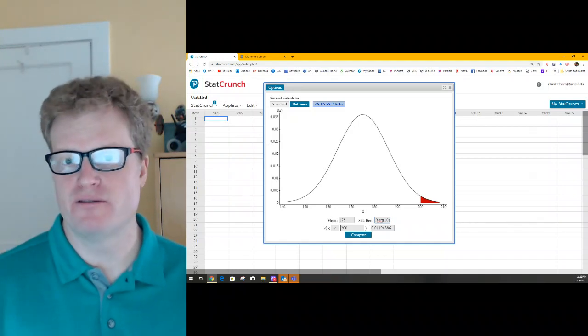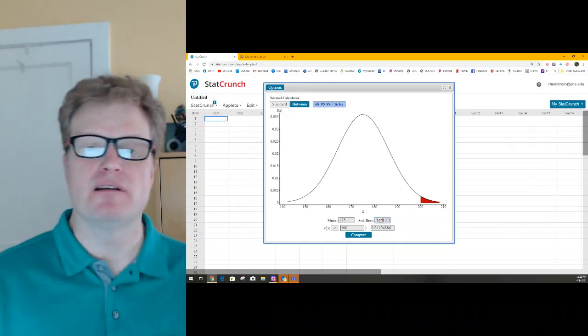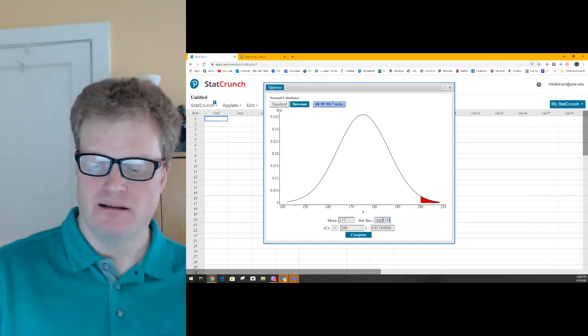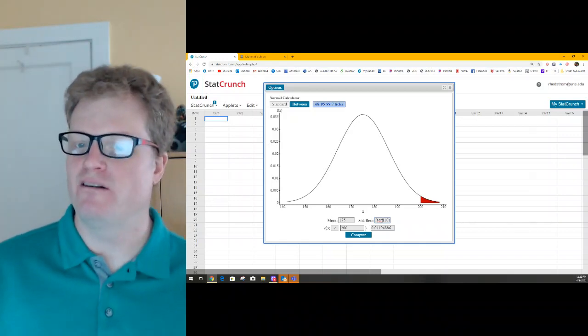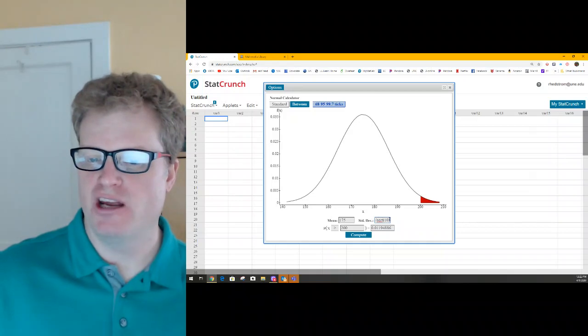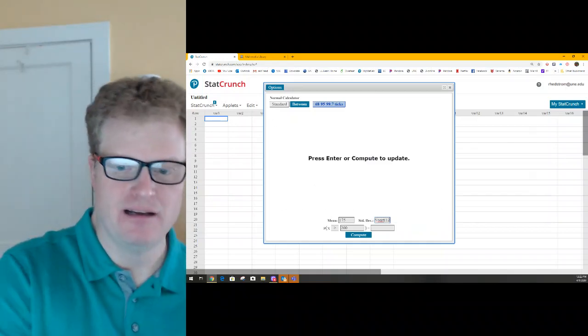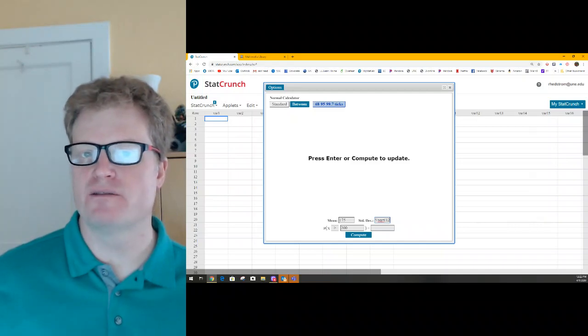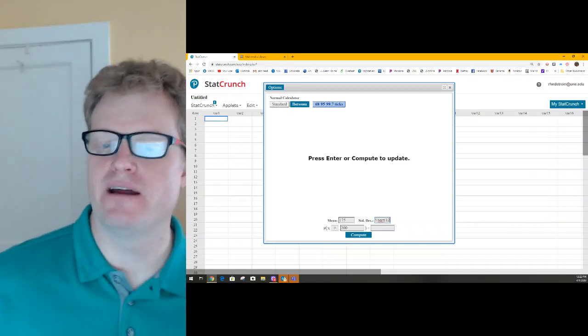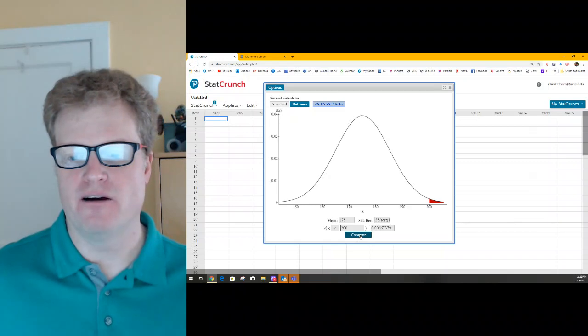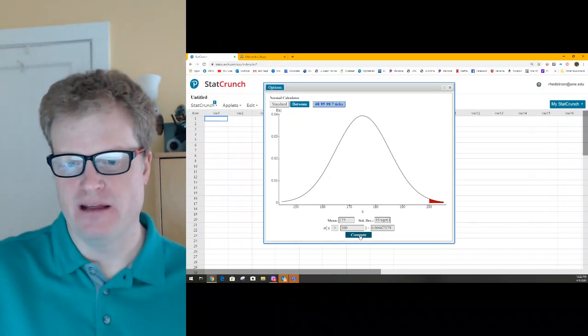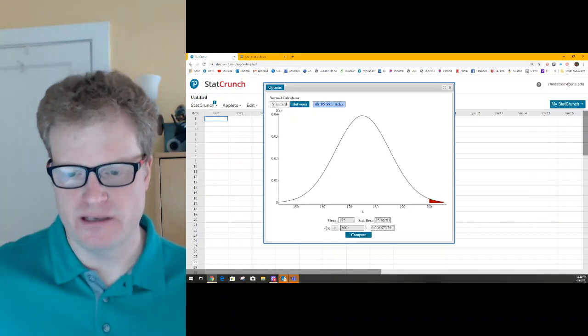So nothing too sketchy there, okay? But let's say that the gondola was rated for 12 people. If I change this to the square root of 12 instead of 10, I'm still asking the same question where the average weight is greater than 200 pounds. I go ahead and click compute, and wait, did I actually change it here?